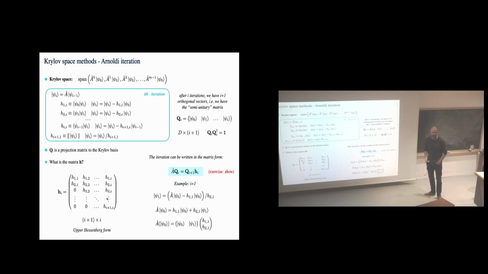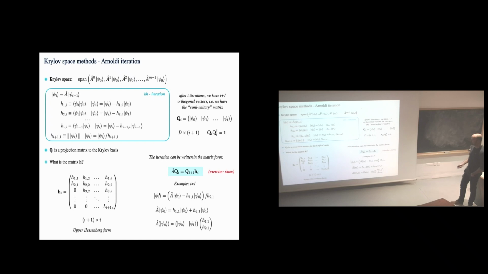Okay, so what is this matrix, and why do I actually call it H? I think the best way to understand this is to realize that I can write this iteration in a particular matrix form. To prove this fully, I leave it as an exercise, but you can easily see it, for example, from the first iteration.